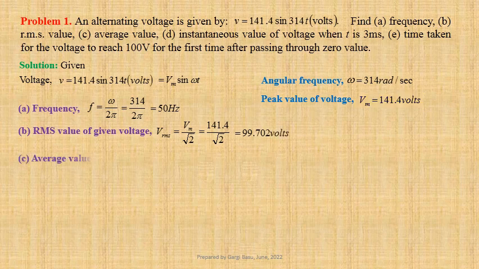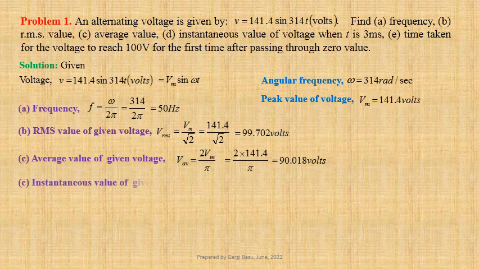Average value of given voltage V average equals 2 times Vm by pi, that is equal to 2 into 141.4 divided by pi, that gives us 90.018 volt.